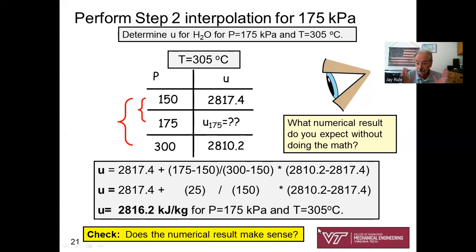Now, as you can imagine, I've graded a lot of thermo tests. Not quite so many quizzes, but I've graded a lot of thermo tests. And I got to tell you that I do give students credit for recognizing they've made a mistake, and it is wonderful. They get partial credit if they come up with a number that is wrong, but they circle it and say, this doesn't make sense, it should be between 2817 and 2810.